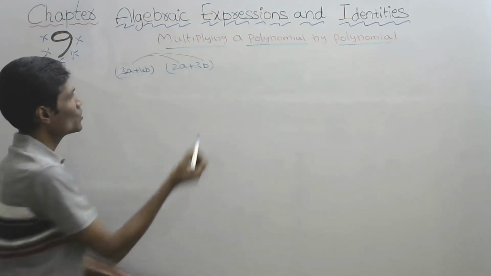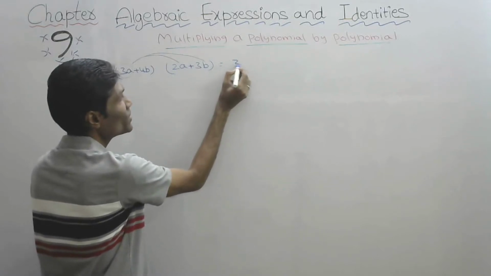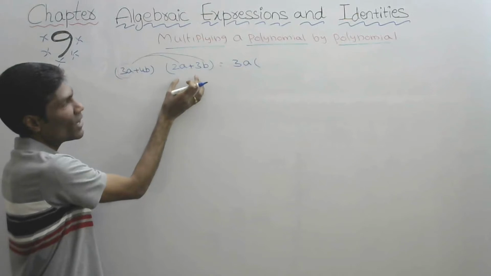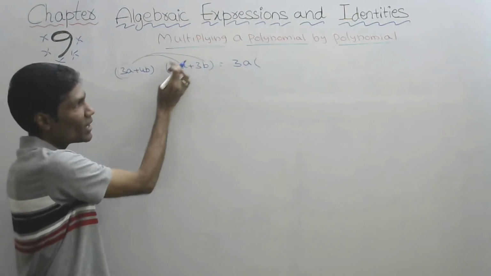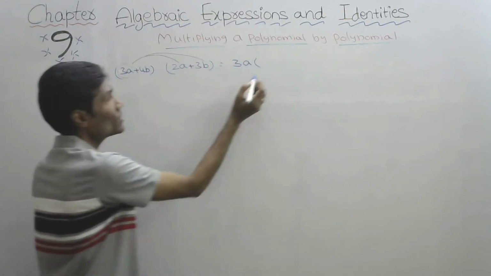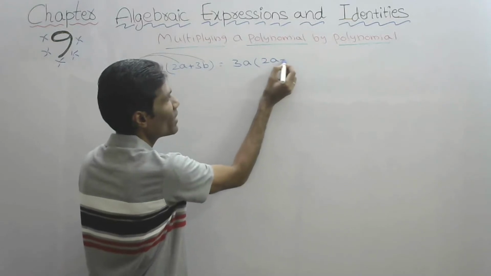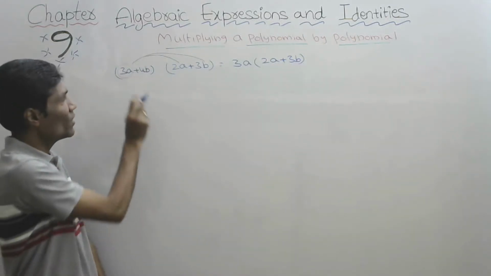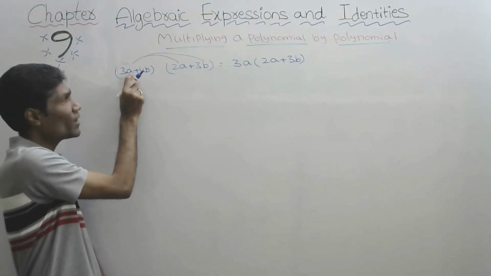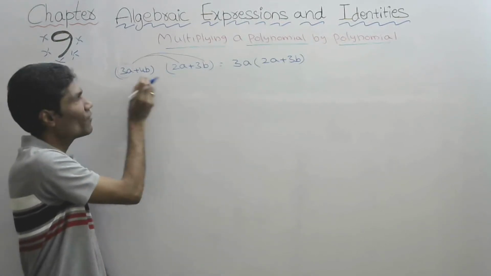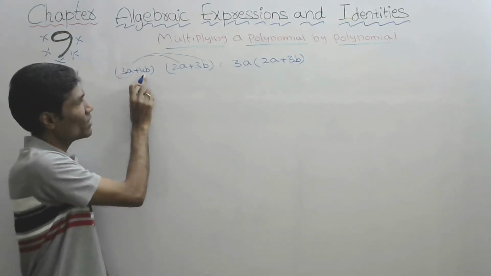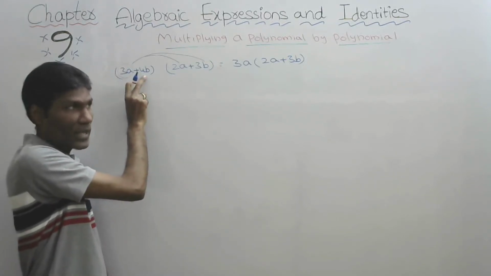So this 3a, we are multiplying with all, that is 2a plus 3b. First we are taking the first term and multiplying the whole with this 3a. First step over. Next we will be taking this 4b.